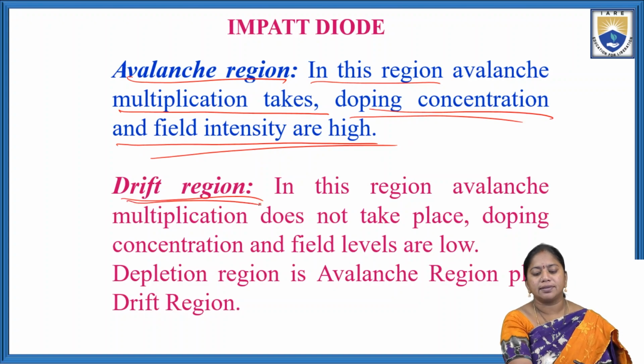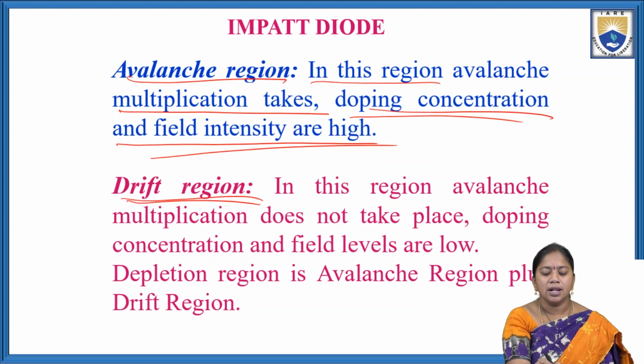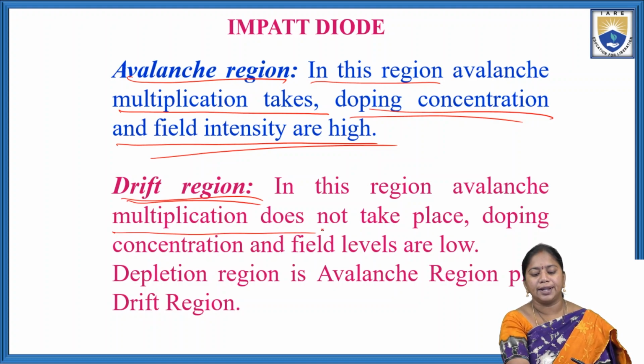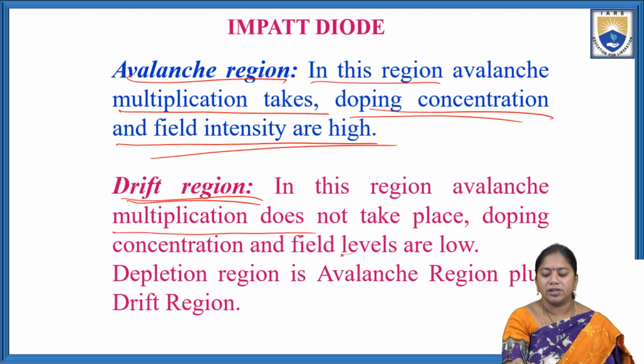The second region is the drift region. In this region avalanche multiplication does not take place, and the doping concentration and field intensity are low.